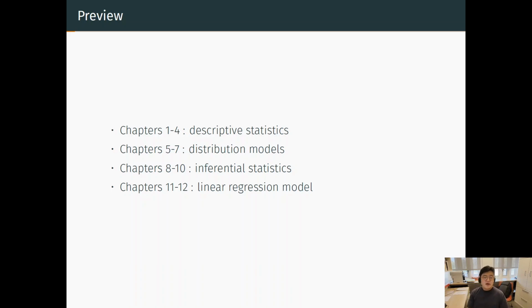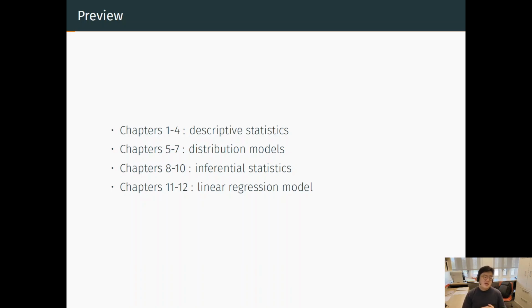There are 12 chapters, and the first 4 chapters can be categorized as one part called descriptive statistics. Basically, we are going to learn basic methods to describe data. And the second part is chapters 5, 6, 7, and these chapters talk about distribution models.